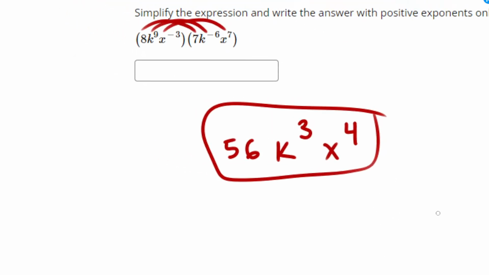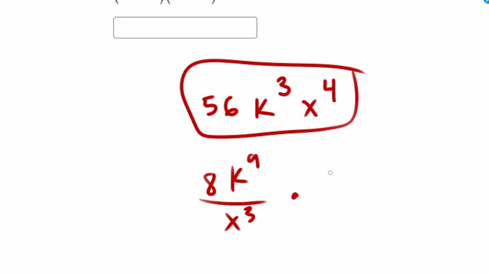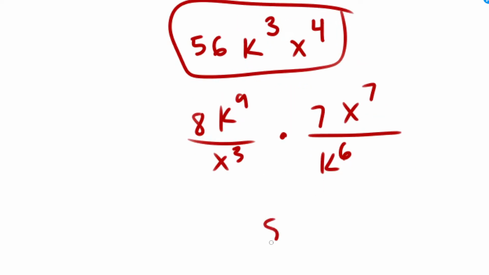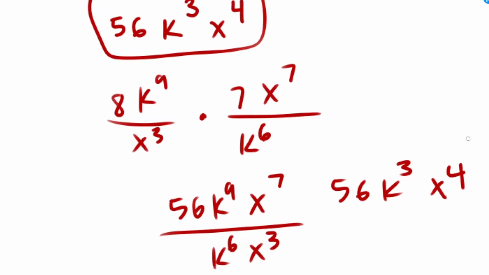A way that you could have done that is you could have done 8k to the 9th over x cubed times 7k to the negative 6th over x to the negative 7th, and then you would have gone 8 times 7 is 56, times x to the 7th over k to the 6th, x cubed, and then these would cross out and subtract, so you'd have 56 k cubed times x to the 4th, which was our answer that we got.